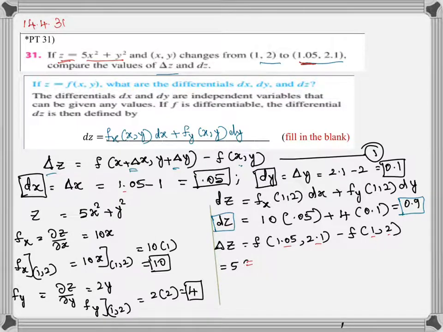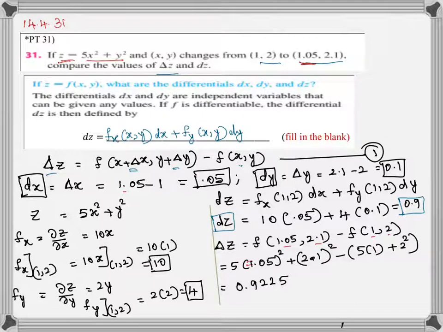It will be 5 times 1.05 squared plus 2.1 squared in parentheses, minus the value of the function at (1, 2), which is 5 times 1 squared plus 2 squared in parentheses. If we evaluate this, it's going to be 0.9225.